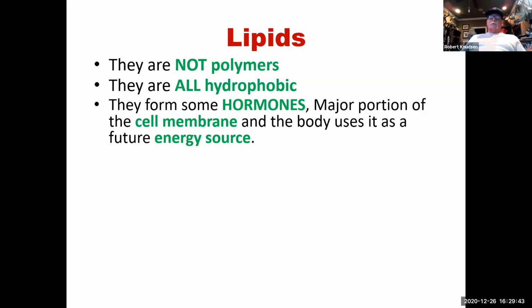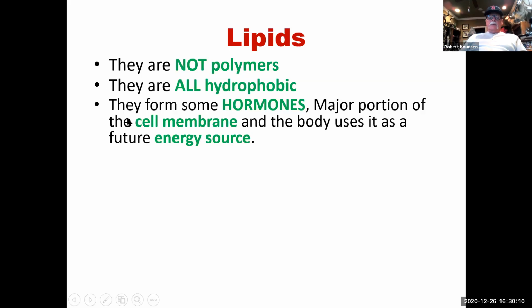The lipid-based are the ones we always hear about, like testosterone, estrogen, progesterone. That means they start with a fat, and the fat is cholesterol, and then they add compounds to it. Depending on the compound they add, you get a different hormone. So there are lipid-based hormones and protein-based hormones.